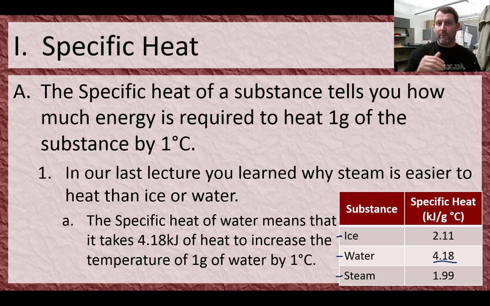Of course, if you wanted to heat it by 2 degrees Celsius, you would require twice the energy, so you'd have 8.36 kilojoules to heat up 1 gram of water by 2 degrees Celsius. And vice versa, if you wanted to heat up 2 grams of water by 1 degree Celsius, you'd need twice the energy. All right.